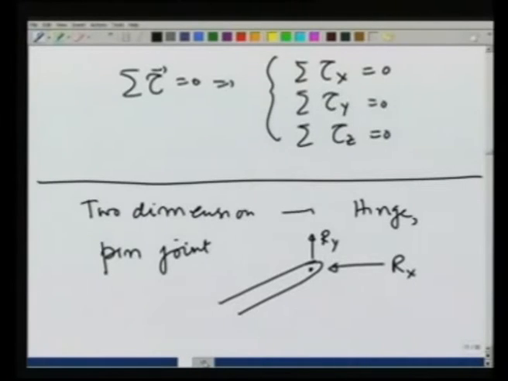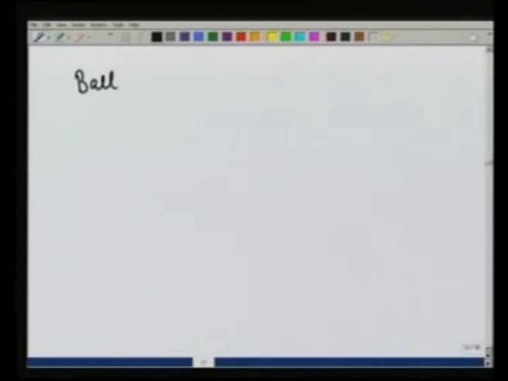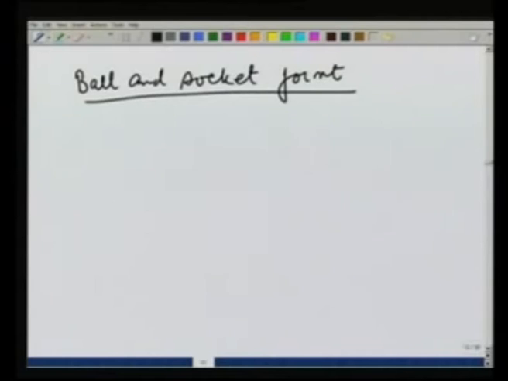In 3 dimensions, a similar joint is called a ball and socket joint, which is nothing but a socket in which a ball fits and it can rotate in any directions.